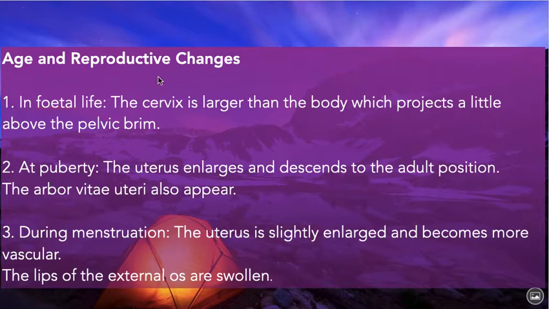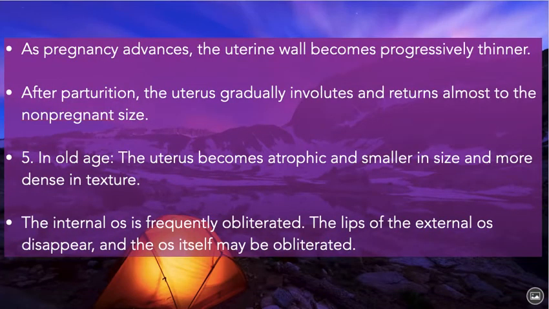Now, the age and reproductive changes. In fetal life, the cervix is larger than the body, which projects a little above the pelvic rim. At puberty, the uterus enlarges and descends to the adult position, and the arbor vitae uteri also appear. During menstruation, the uterus is slightly enlarged and becomes more vascular. The lips of the external os become swollen.